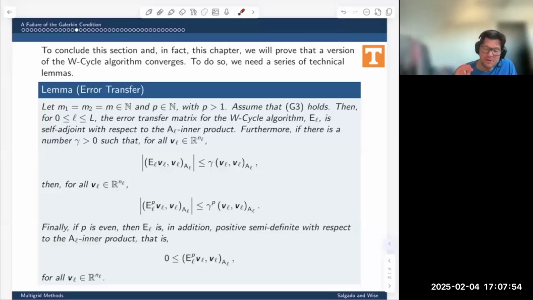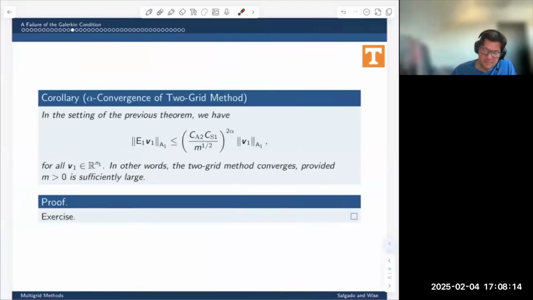So the thing we're going to assume about all of the W cycle algorithms in this section is that they are symmetrized. So symmetrization means that we can use the fact that the EL matrix is self-adjoint, and that is very important. In fact, it's important in this proof right here. If you want to make a note of this for later, the fact that the algorithm is symmetrized is going to mean that E1 is self-adjoint with respect to the A1 inner product.